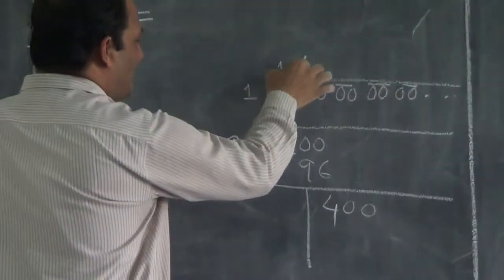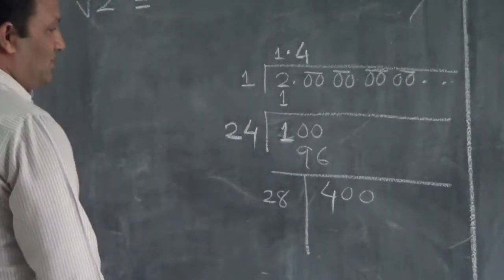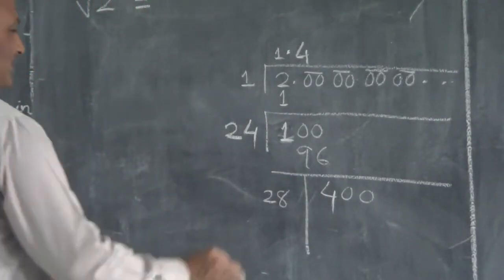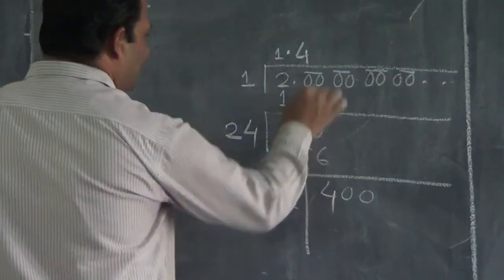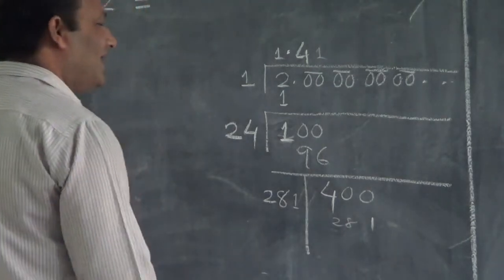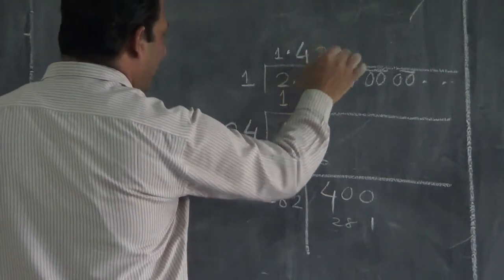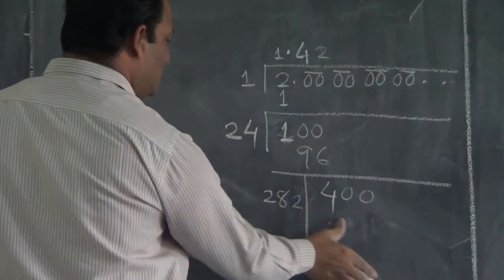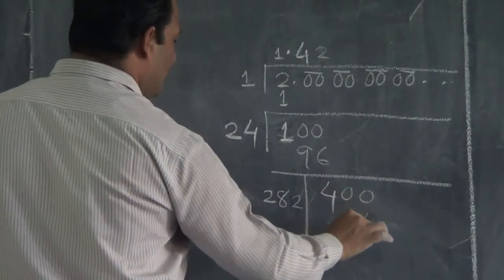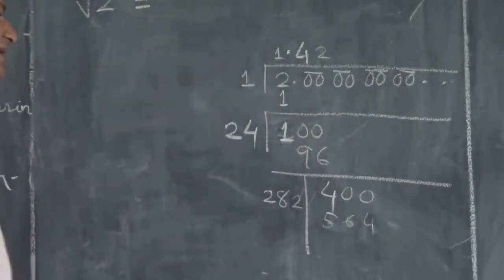And now I will write 14 into 2, 28, ignoring the decimal points. And see here, if I write 1, here I have to put 1, so 281. If I write 2 here, then what will happen? 282 into 2, 2 2 are 4, 2 8 are 16. It is becoming bigger, children.